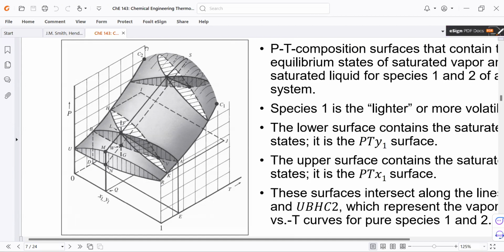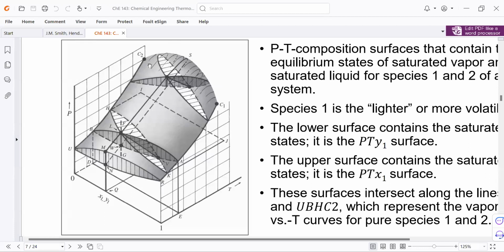If these are the critical points of the pure species, then the critical points of the various mixtures of the two species would be determined by this curve right here between C1 and C2. We call this curve the critical locus.